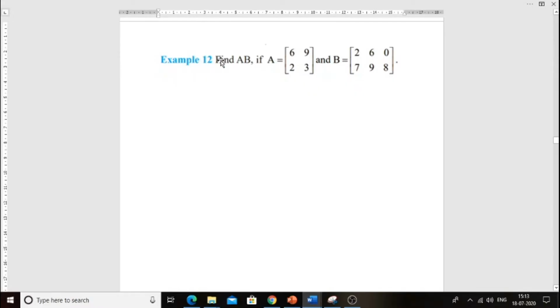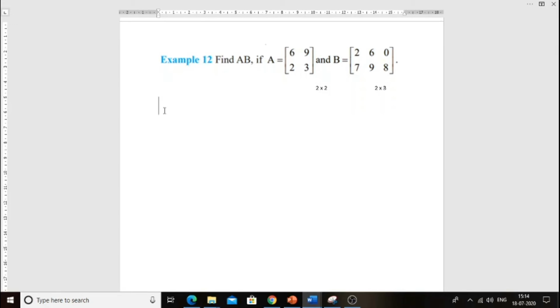So example 12: find AB if A is this matrix. First we'll write the order of matrix A, which is 2 by 2. The order of matrix B is 2 rows and 3 columns. Now we know, see here we have 2 columns and 2 rows, right? So our first condition is satisfied.